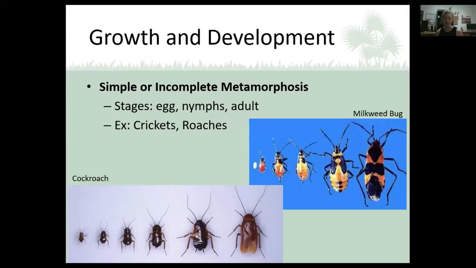Incomplete metamorphosis is when the egg hatches into what appears to be a smaller and less developed version of the adult, and it just grows larger and develops slowly into an adult over each molt. These are seen in milkweed bugs and in cockroaches, also crickets and Orthoptera, stuff like that.